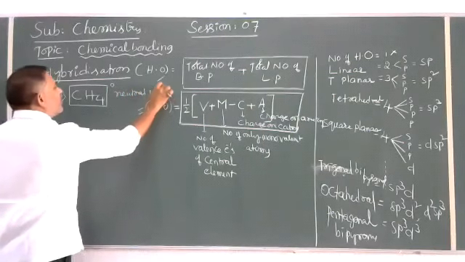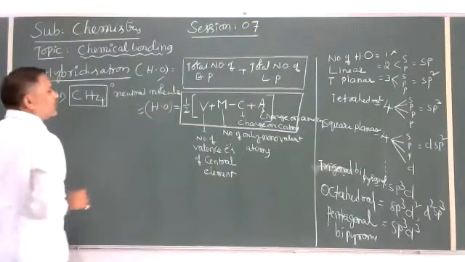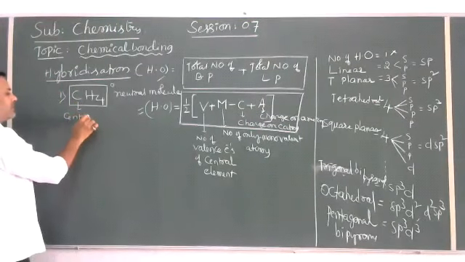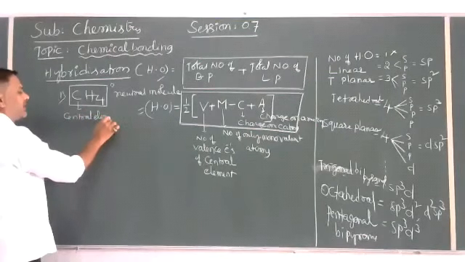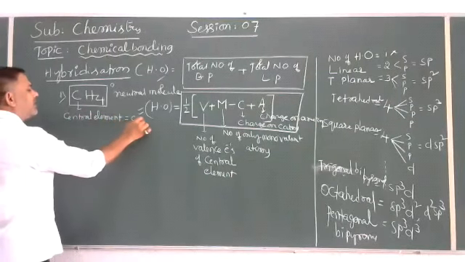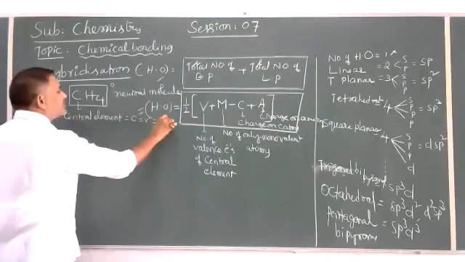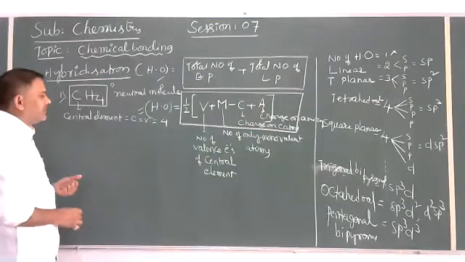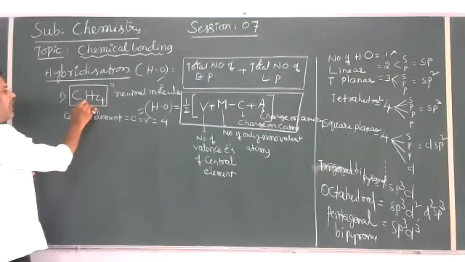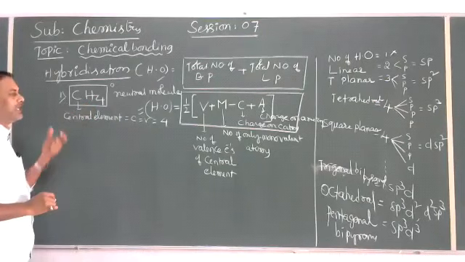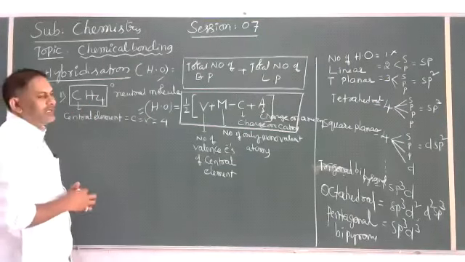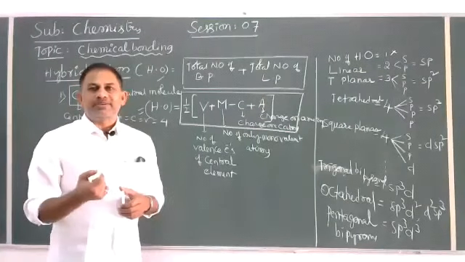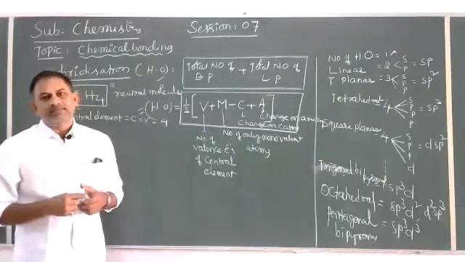For this neutral molecule, the central element is C. Its valency is 4, the number of valency electrons, the combining capacity. Around this carbon, monovalent means hydrogen is monovalent. The 17th group elements have valency 1, also monovalent.